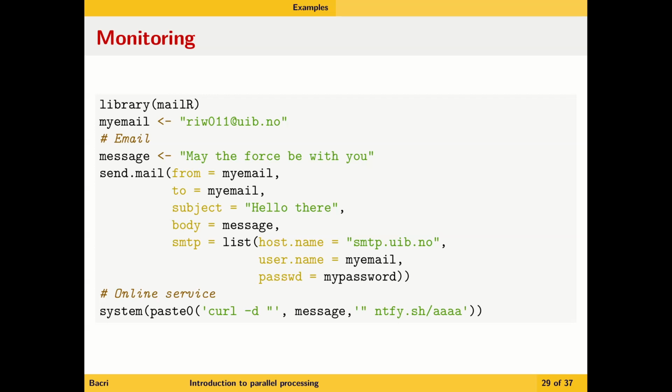If you don't want to use emails, another way is to use a public website called ntfy.sh and then some letters afterwards. If you go to that website, all the messages that you send through this command will appear there, and there is an app for phones, and you can do it in the browser directly.